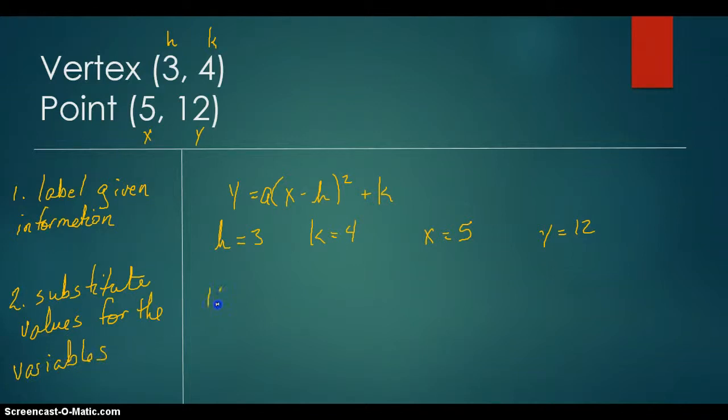I have 12 equals a times (5 minus 3) squared plus 4. That minus is part of the formula, so we keep it, and our 3 is positive, so we're able to put it in just like it is, squared, plus k, which is 4. And now when I look at this, the only thing I have is a. So I need to solve for a. That's my next step. I'm going to do that on the next page.